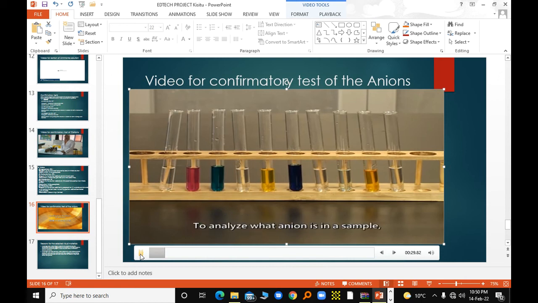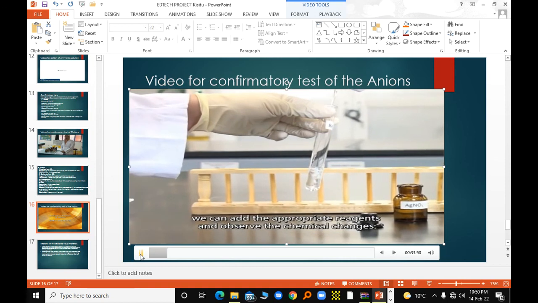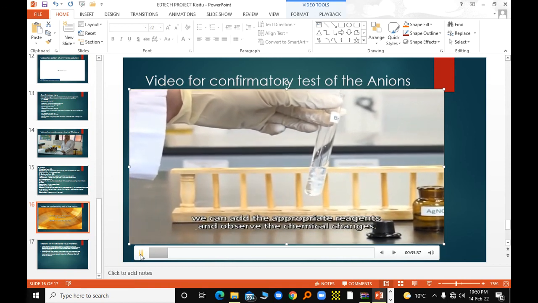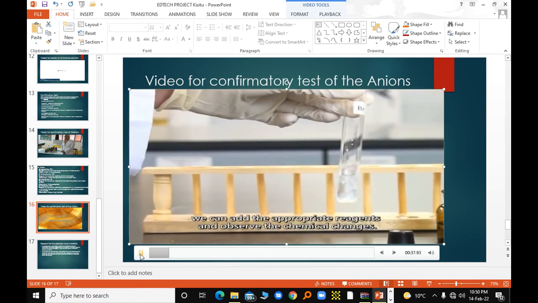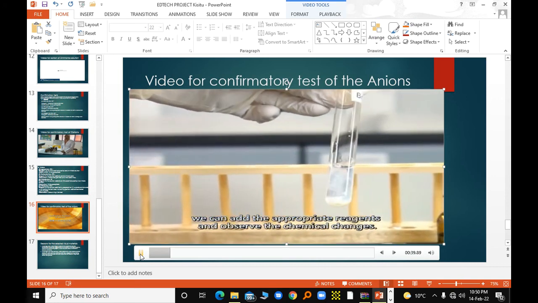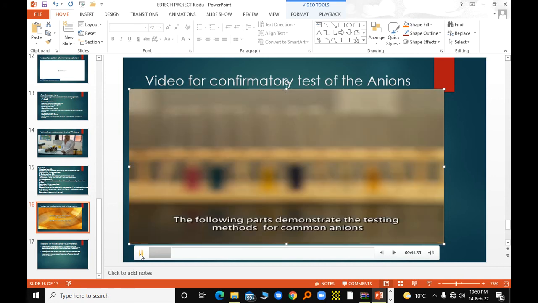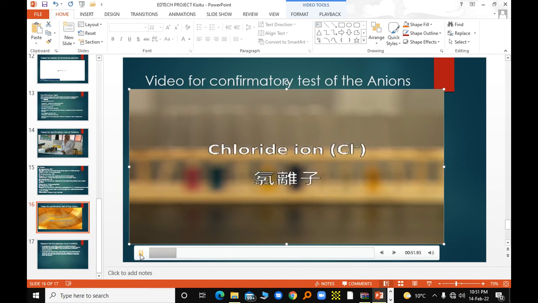To analyze what anion is in the sample, we can add the appropriate reagents and observe the chemical changes. The following parts demonstrate the testing methods for common anions and the expected observations. Chloride ion.